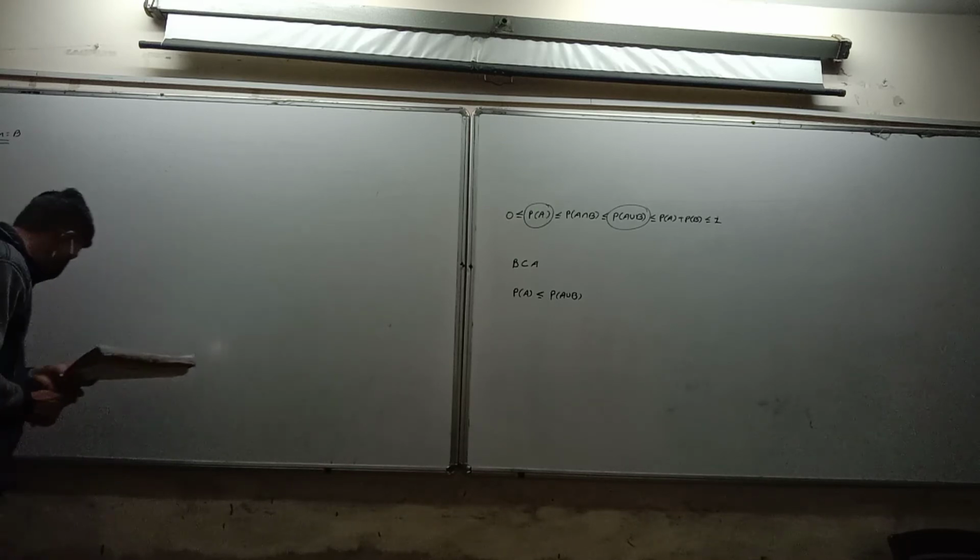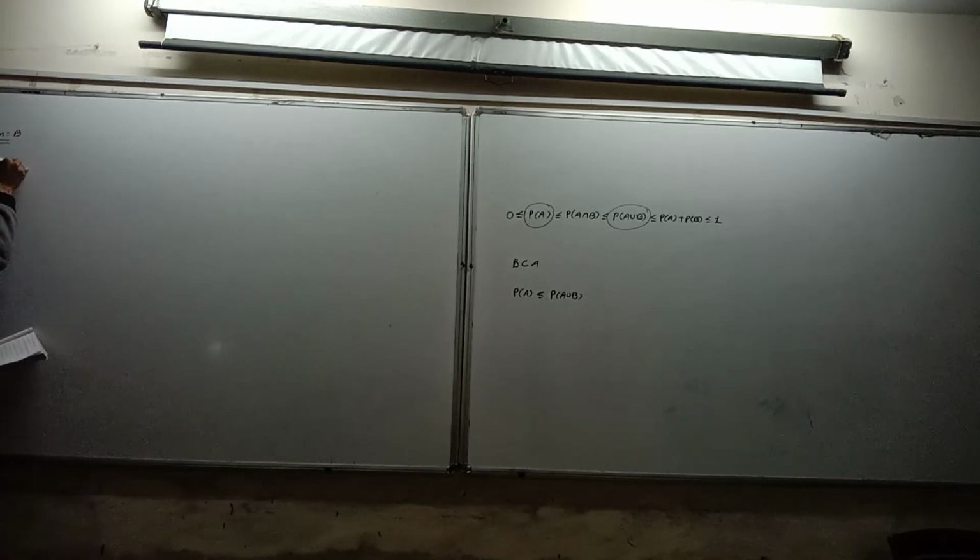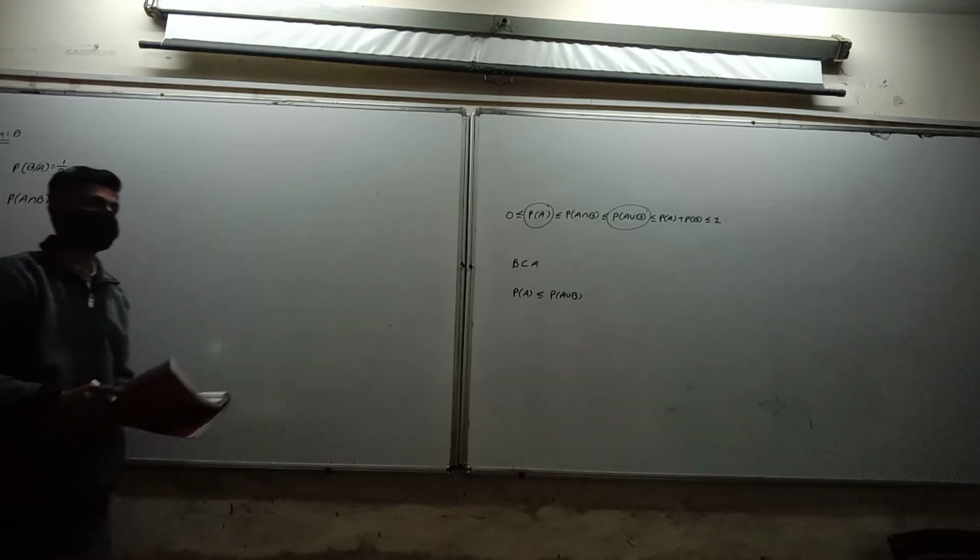Okay, P of B given A is the given value 1/2, and P of A intersection B is equal to 1 by 5. Then find the value of P of A.